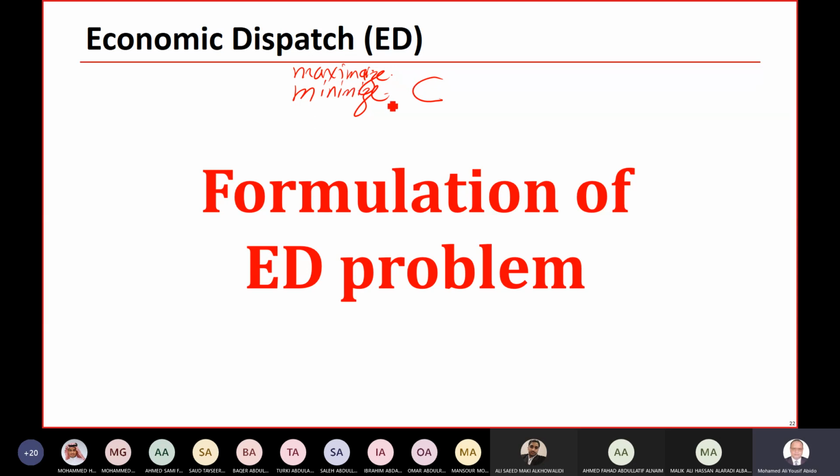Cost function, objective function, function of some variables. What we have here in economic dispatch, these variables are the PGs. We have generator 1, 2, 3, 4, 10 generators, so we need to optimize the output of all the generators. So we need to minimize, if we say cost, definitely.